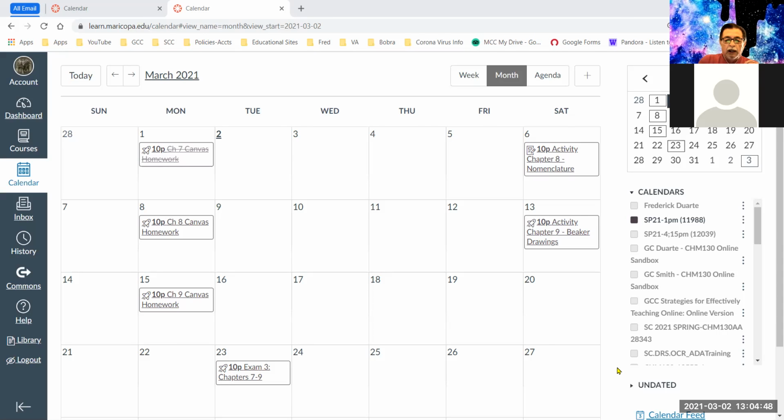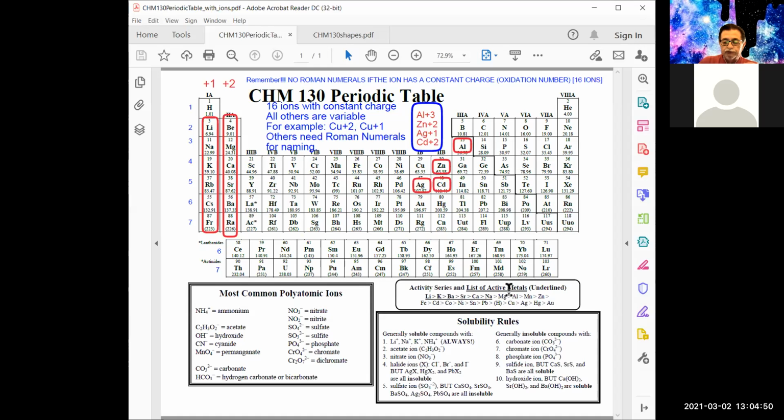Now, let me refer you quickly to the periodic table. I mentioned this before, but I'm going to go over it again. I have highlighted 16 elements that, when they become ions, will have a specific charge, or oxidation number. We know that everyone in group 1, excluding hydrogen, because we're talking about metals here and hydrogen is not a metal, has 1 valence electron.